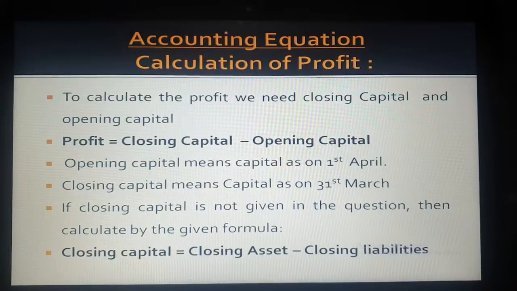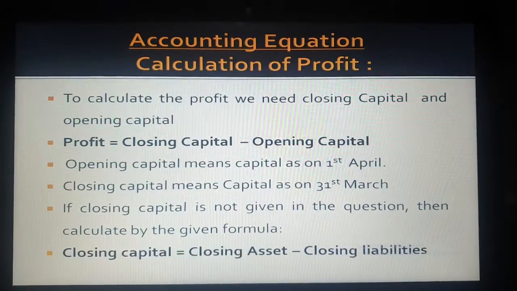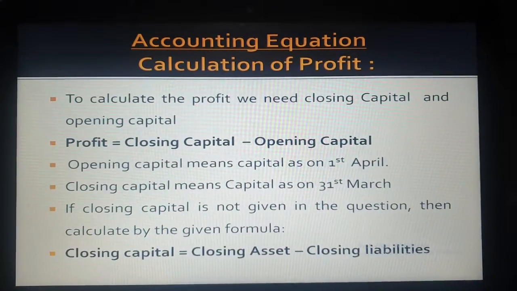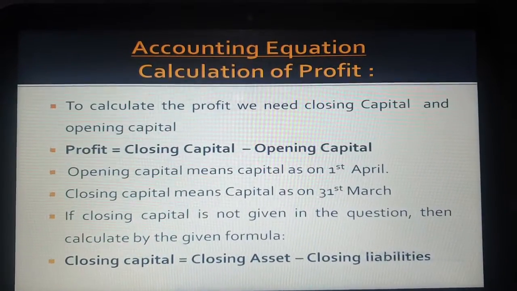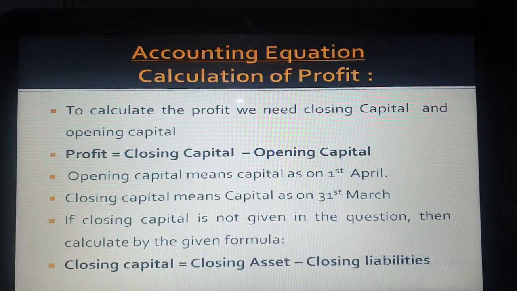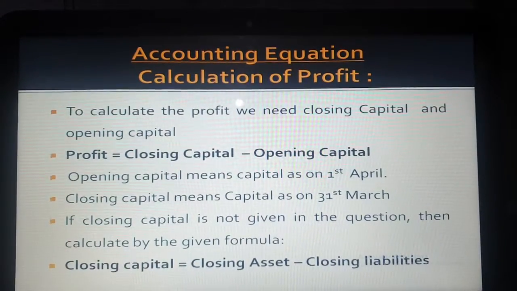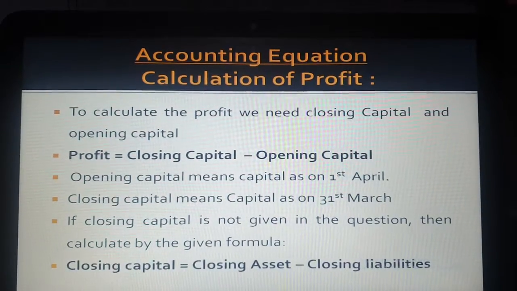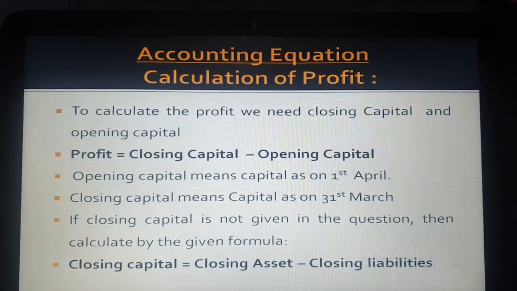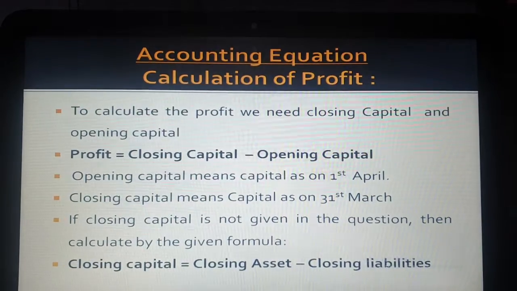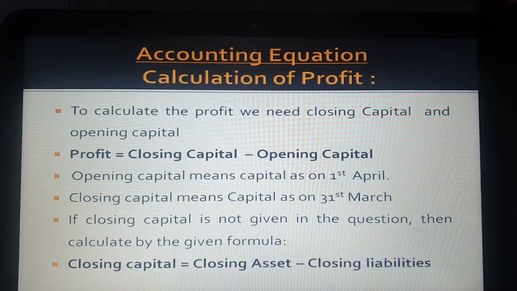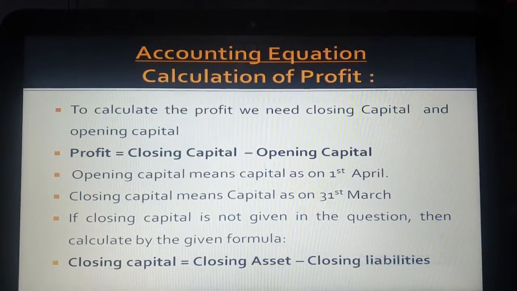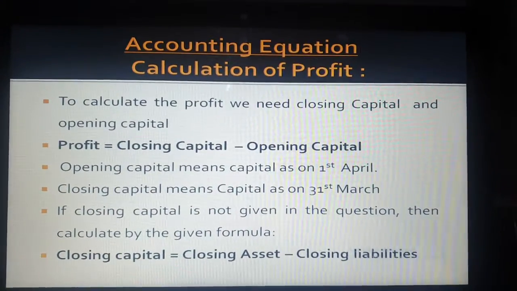In the previous topic of accounting equation, I told you that asset equals liability plus capital. So here asset and liability both are given. If you deduct closing liability out of closing asset, then you will get closing capital. And when you put closing capital in the second formula, closing capital minus opening capital, then you will get the profit.